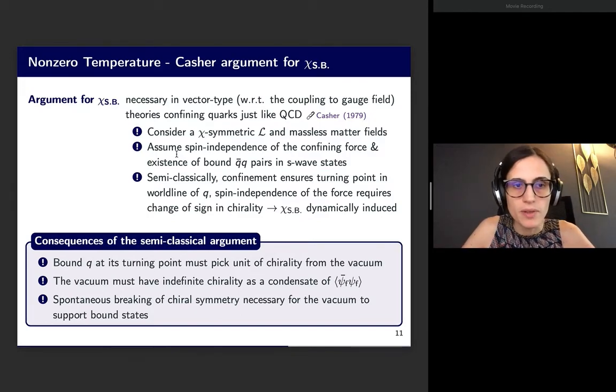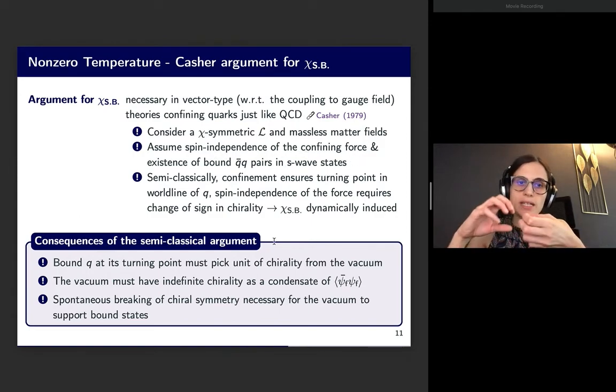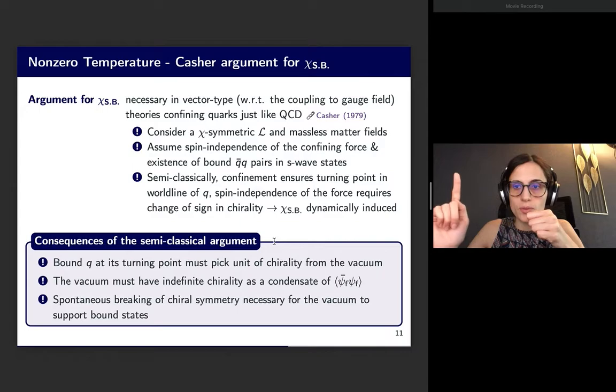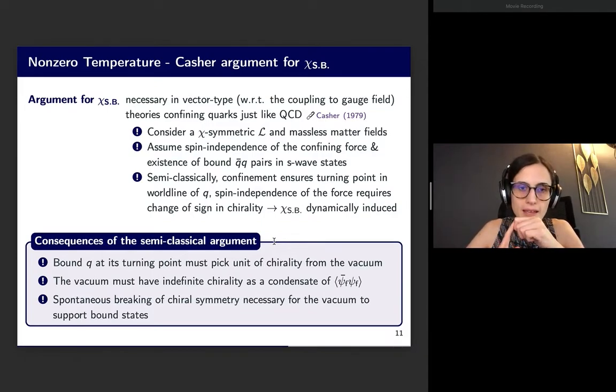And if you assume, as is the case, spin independence of the confining force and also the existence of bound Q Q-bar pairs in S-wave states, then semi-classically confinement, so the fact that this Q and Q-bar can only exist in bound states, ensures that in the world line of, for example, Q, a constituent of that pair, there has to be a turning point, and the spin independence of the force in turn requires that at that turning point there has to be a change of sign in chirality.